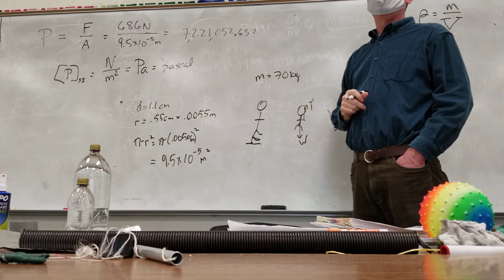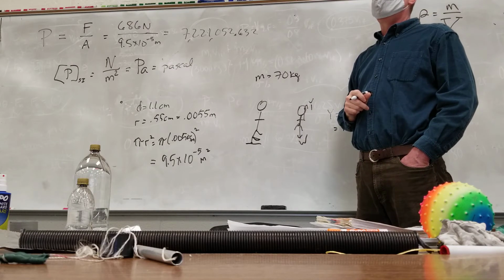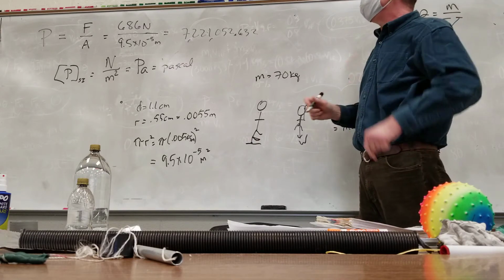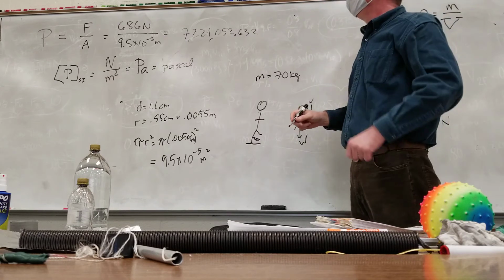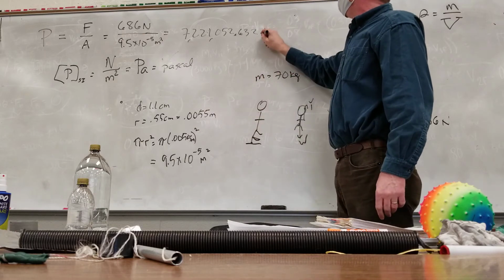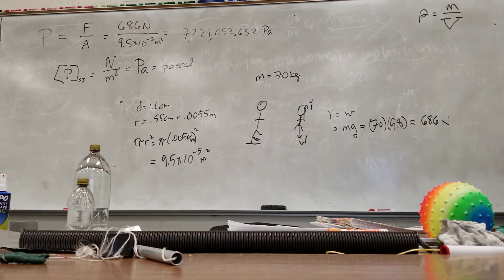Units? Yeah, pascals, or newtons per square meter. Oh, oops. I forgot my square right there. Pascals. All right, so we have over 7 million pascals of pressure here.